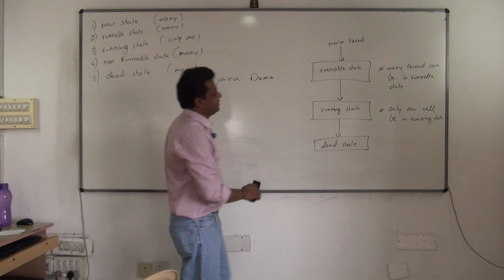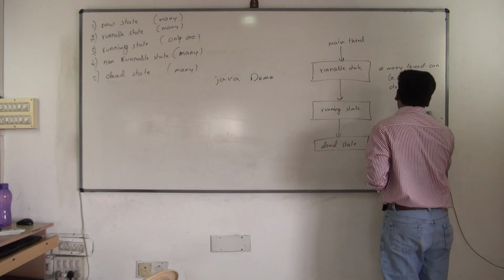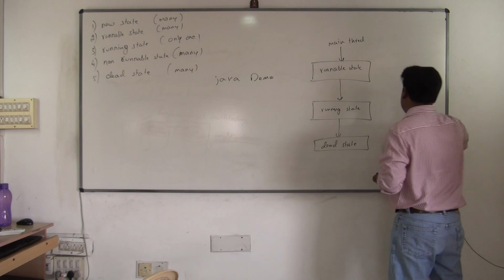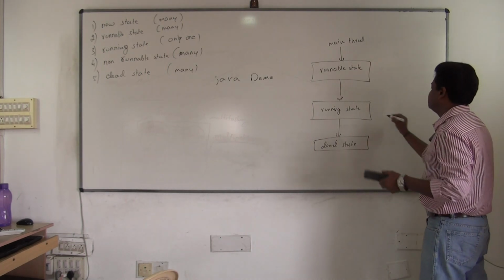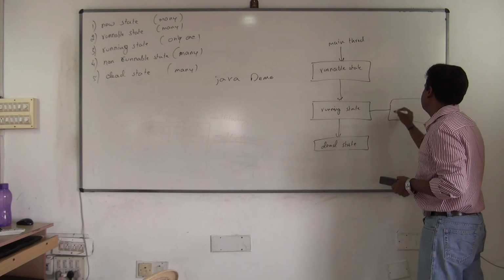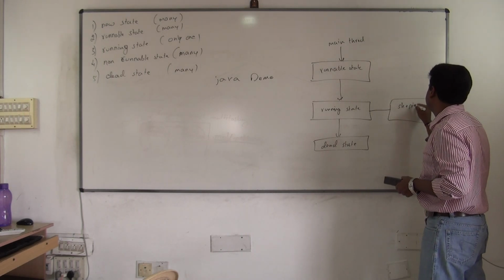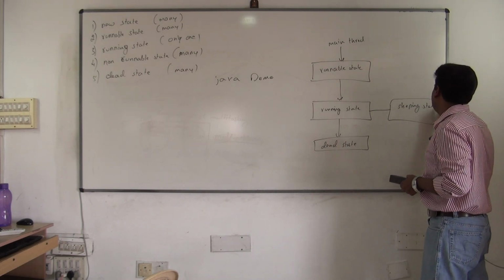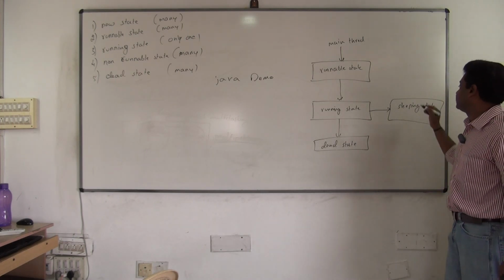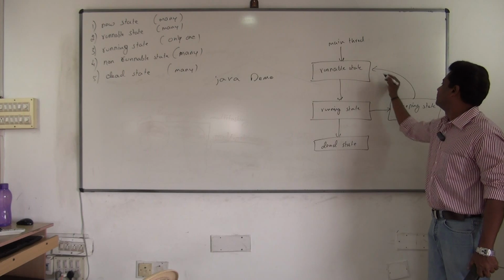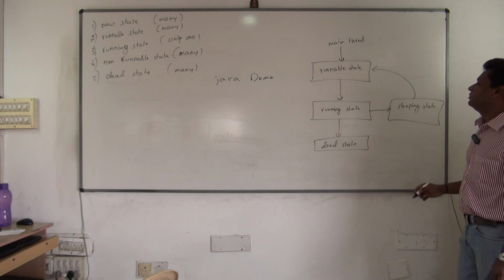There is one more state which I'll introduce today. Just change the diagram. Sleeping state. One more state is there. Sorry for the diagram. Okay, sleeping state. From the sleeping state, it will go back to runnable state.